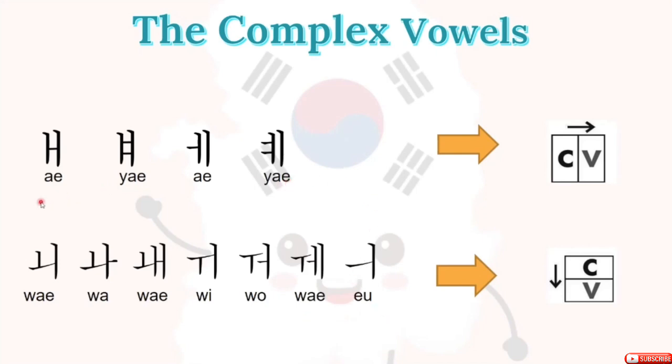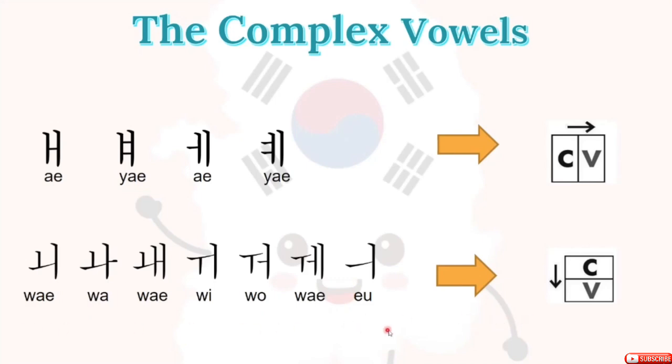So one more time, the first group of the complex vowels goes from left to right, the consonant and the vowels right next to it. E, ye, we, wa, we, wo, we, and 의.